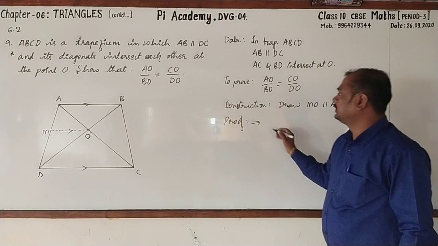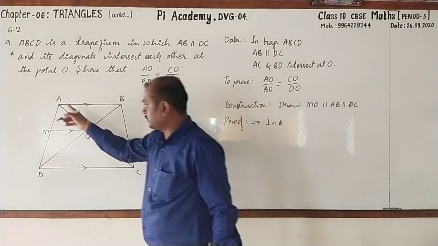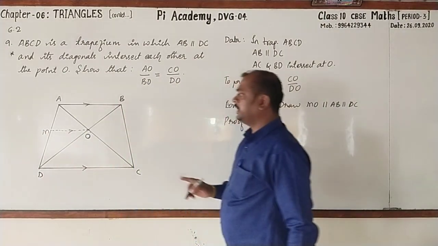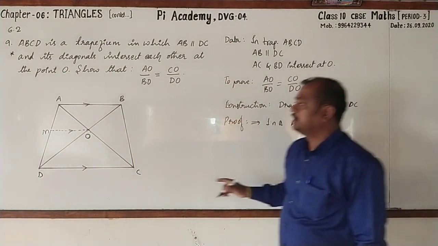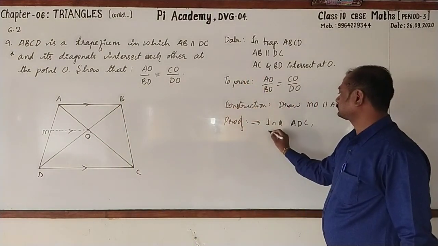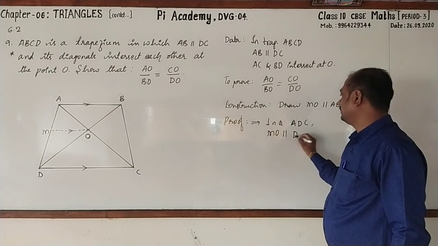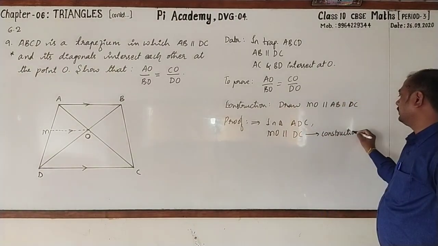Followed? Yes. Let us take the triangles one by one. Triangle ADC. In triangle ADC, MO parallel to DC. What is the reason? It is from construction.